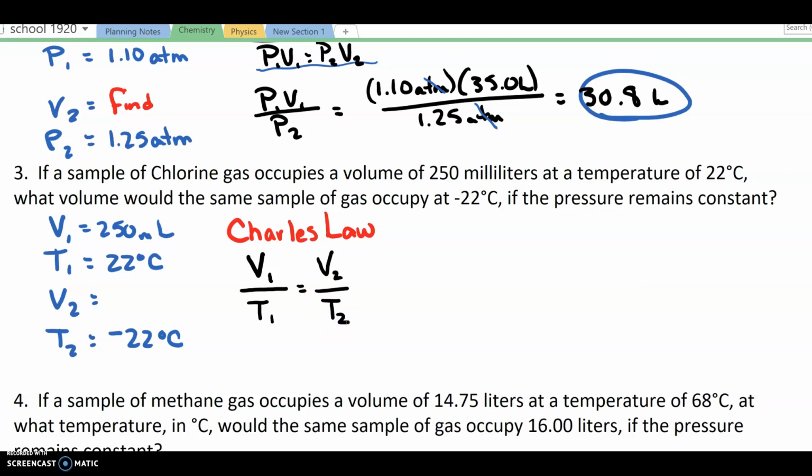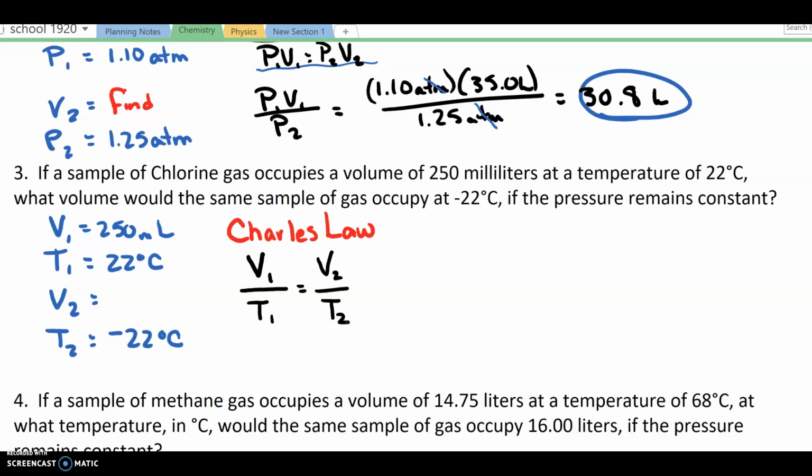Many people told me it was V1 T1, and that is not what your reading showed you. That's why I asked that question on the discussion questions about which ones are inverse relationships and which ones are direct relationships. That was to make you get this formula right. So many of you need to stop and go back and redo your number 3 with the correct formula.